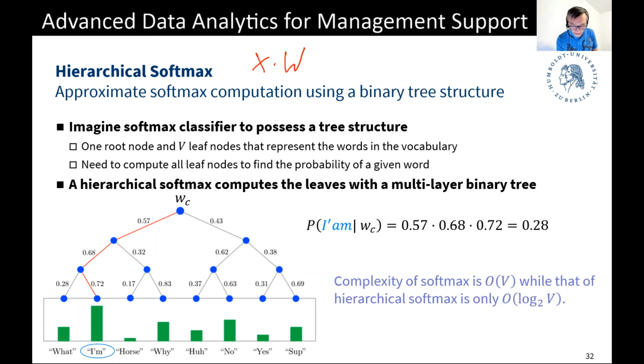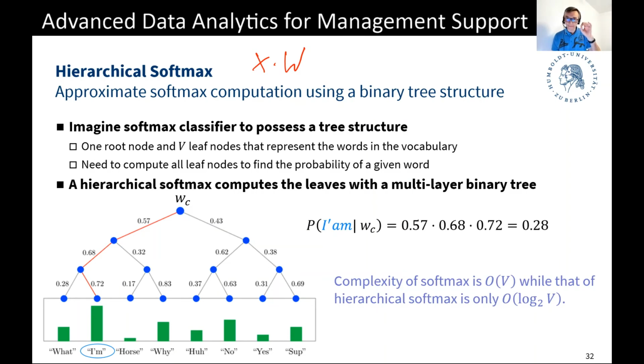And this is what WC is here, the word vector of our input word that we found in the matrix W, connecting the input to the hidden layer. We now calculate the dot product of this word vector, the word vector of WC that we found in the input to hidden matrix, big W, with one vector from the hidden to output matrix W prime.